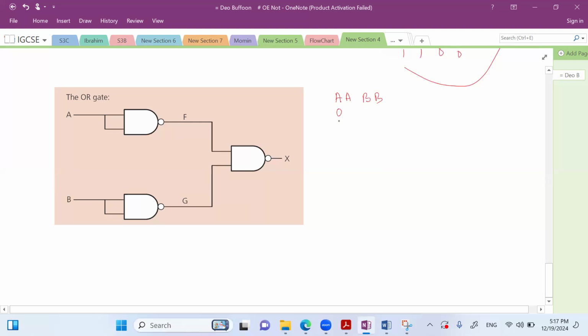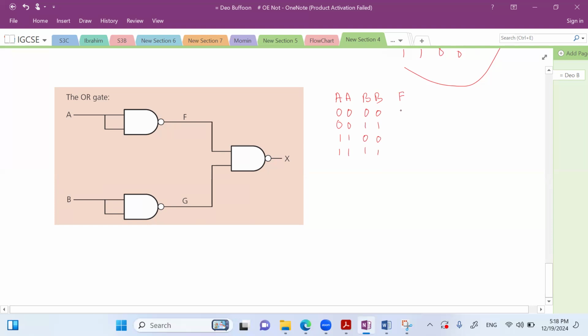So this is 00, 11, 00, 11 again, and 01, 01, and 01, and 01. Now we are going to produce F, which means the two zeros will become what in NAND?